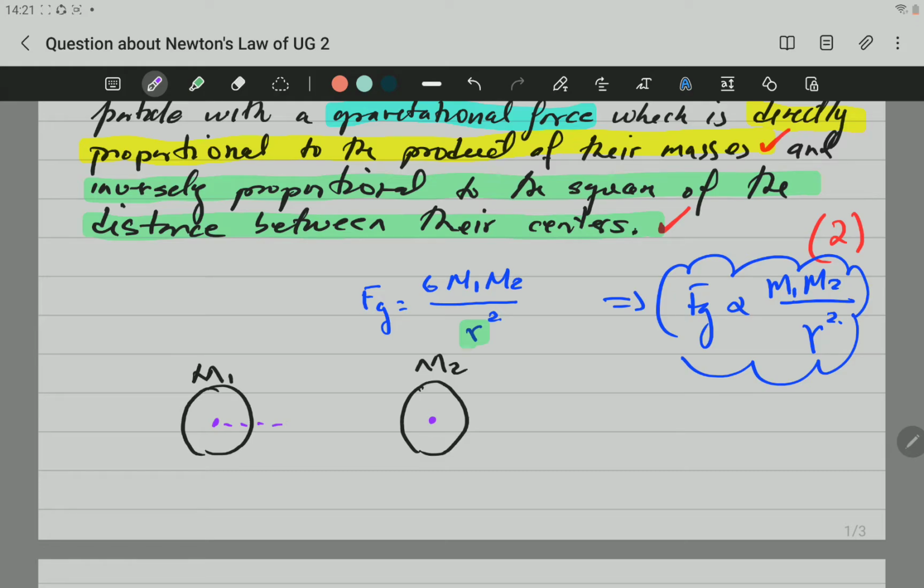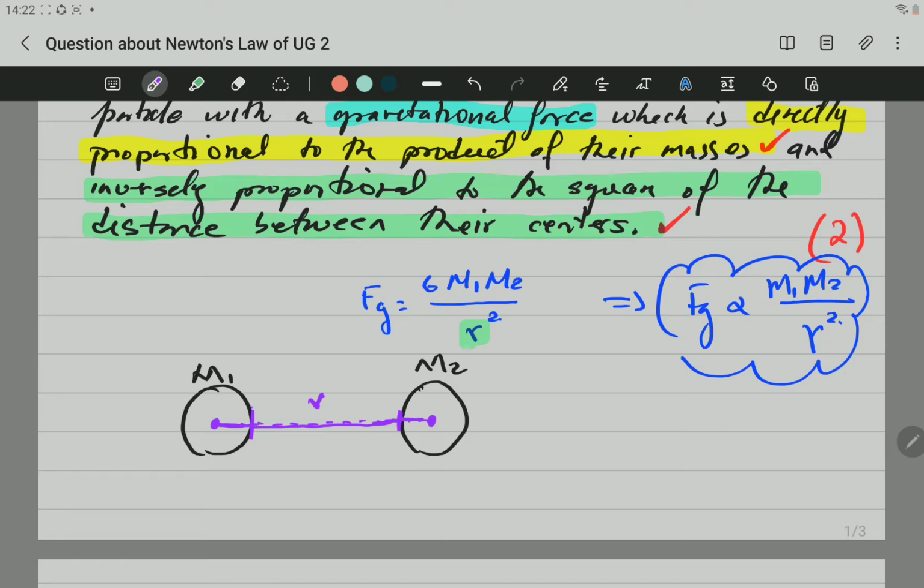So this is that R or D. The symbol is not really that important. It's the distance between the center of one object and the center of the other object. So it's not from the surface. It's not from here to here. It's from the center of the object. That is the distance we're speaking about. So I hope that is clear.